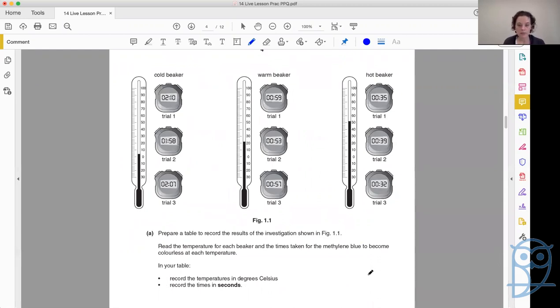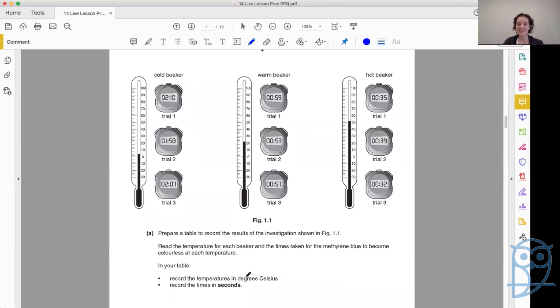We also have to read some temperatures because they're asking us to prepare a table to record the results of the investigation shown in figure 1. Read the temperature for each beaker and the times taken for the methylene blue to become colorless at each temperature. In your table, record the temperature in degrees Celsius. Record the times. They're really nice to us in this one.